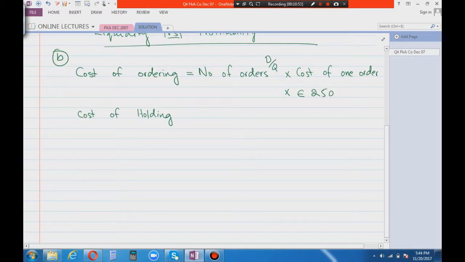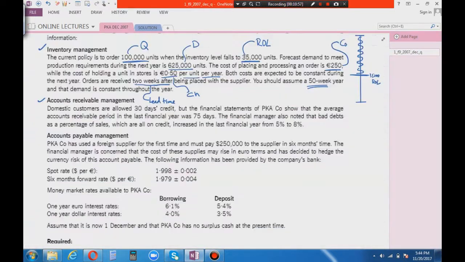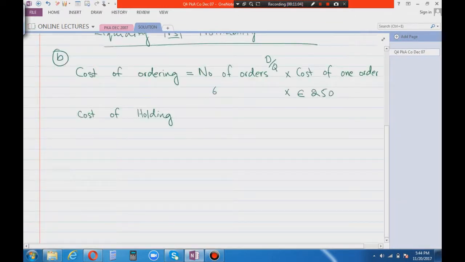The demand was 625,000 in the whole year, and then you order 100,000 in one order, right?